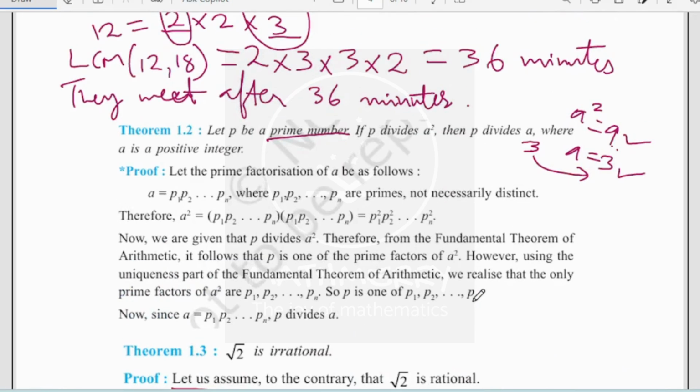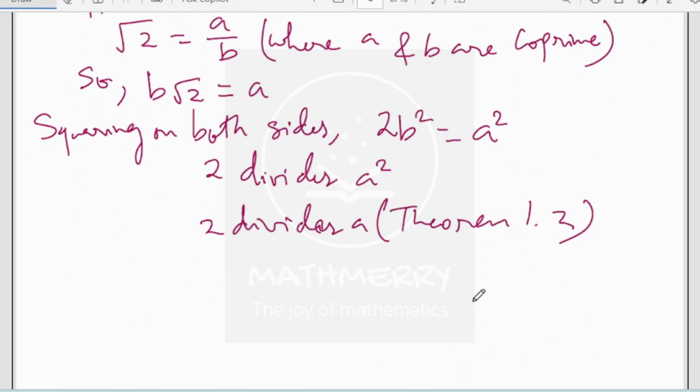So if 2 divides A, now we can write it as A is equal to 2C.